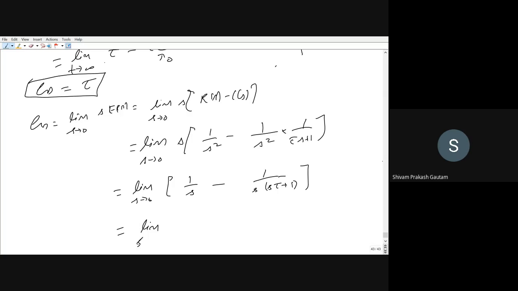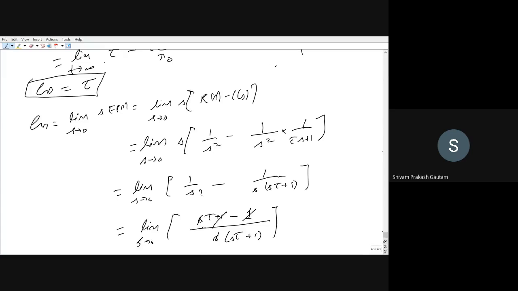Limit s tends to 0. The LCM is s tau plus 1. What will be the factor here? For the first part, what is not present is s tau plus 1, right? Minus, this is s tau plus 1 is the factor only, so this will be minus 1. Minus 1 plus 1 will cancel out, and s will cancel out.